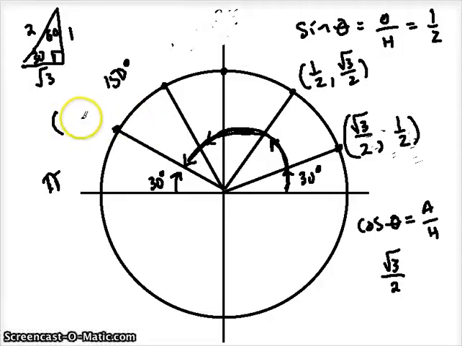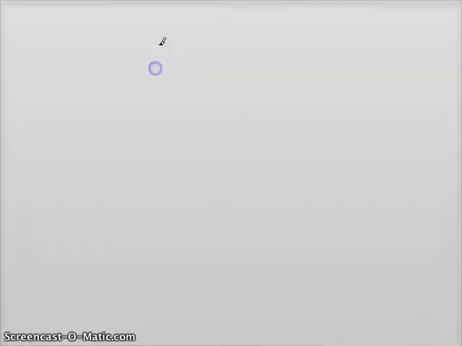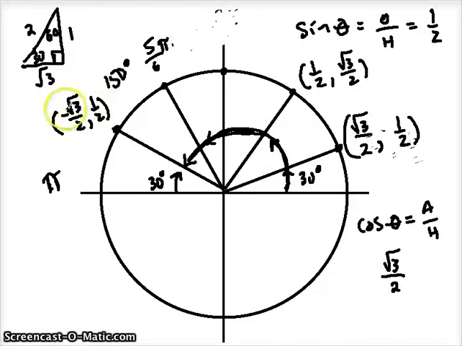So we're in quadrant 2, so we know that our x value is negative and our y value is positive. And then in terms of radians, we would count our pi pieces here in 6. 1, 2, 3, 4, so we get 5/6 pi radians. That would be the coordinates for those angle measurements.